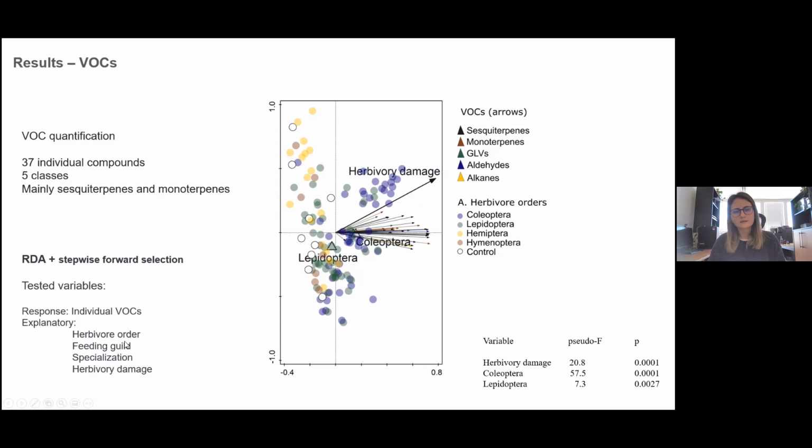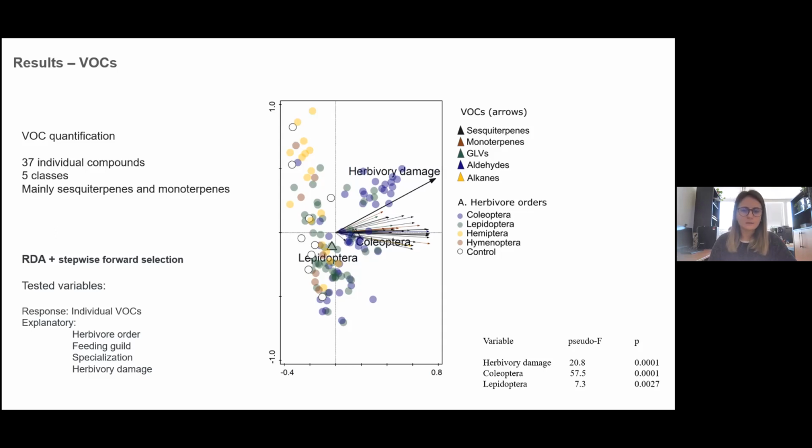So when testing for the effect of all these traits and herbivory damage, trying to explain the variation observed in individual VOCs and overall VOC variation, the model selected these two as the ones being, at first, herbivory damage, but as you can see here in the ordination, herbivory damage plays a very important role, but also here, in the case of VOCs, herbivore identity matters.